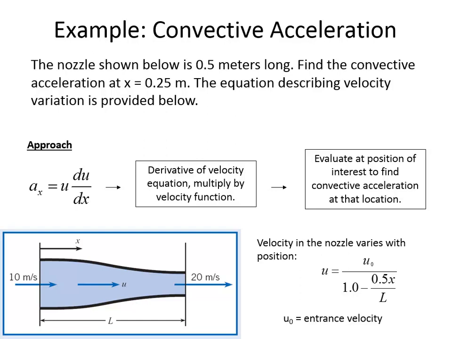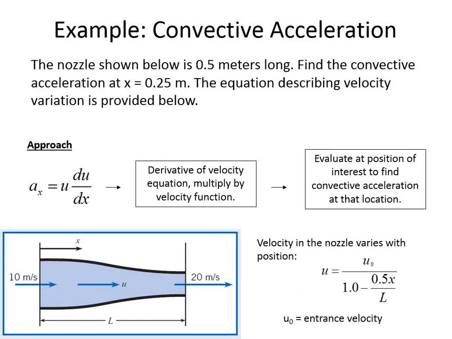So u is u naught divided by 1 minus 0.5x divided by L. We're going to introduce a new variable we call m, which is 1 minus 0.5x divided by L. And so u is u naught divided by m, in other words, u naught m to the minus 1.